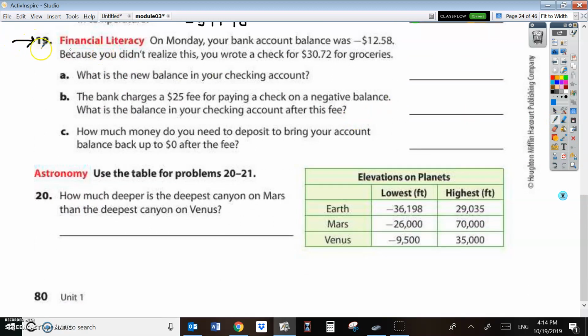Number 19. On Monday, your bank account was negative 12.58. Because you didn't realize this, you wrote a check for 30.72 for groceries. What is the new balance in your checking account? So this is negative, and writing a check is negative also. So add those two negatives. I'm going to do that right here. 12.58, 30.72.